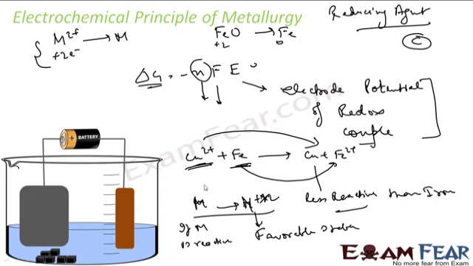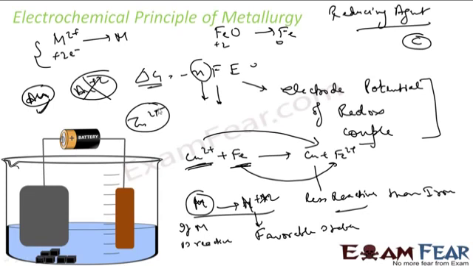A reactive metal has a tendency to be in the M^n+ state. If it is a non-reactive metal, it has a tendency to be in the normal state. For example, you will find more gold in the Au state than in the Au2+ state. Similarly, zinc you will generally find in the Zn2+ state as compared to gold. So think from that perspective. Even if you don't remember the chart, just think: if it is a reactive metal, it will try to be in the ionic form; if it is a non-reactive metal, it will try to be in the normal form.